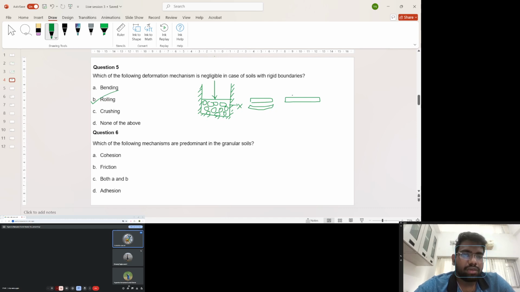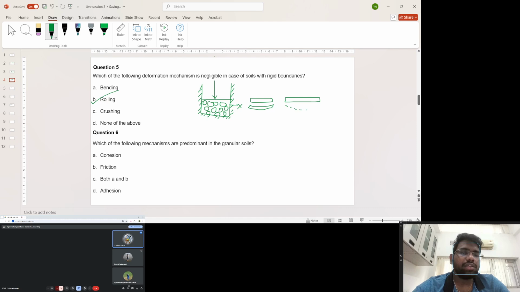So in a similar way to this scale, if you consider this scale, if you zoom it, and the load is acting in any direction on these flaky particles or plate particles, especially in plate particles, they tend to deform a bit.